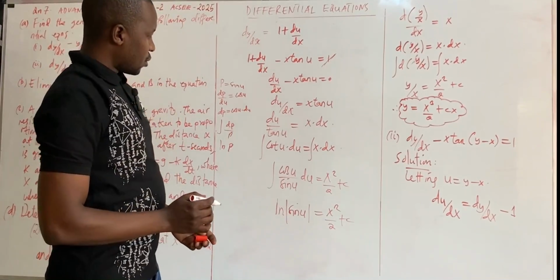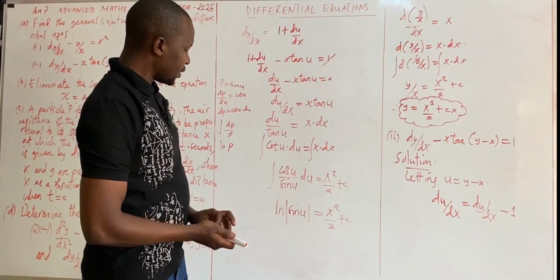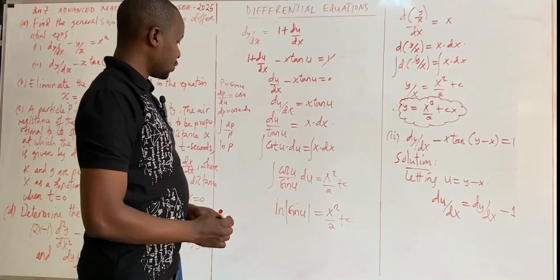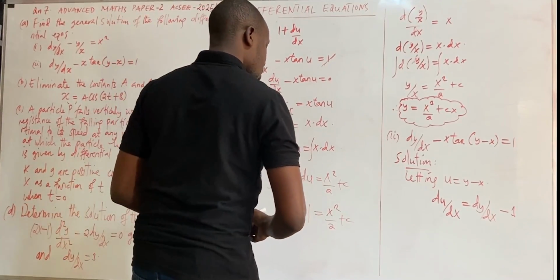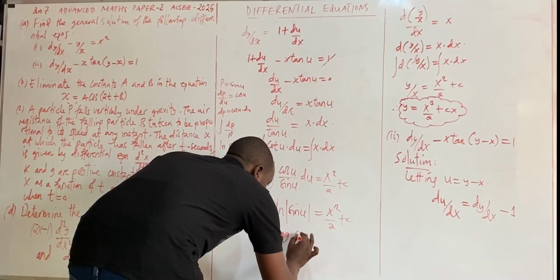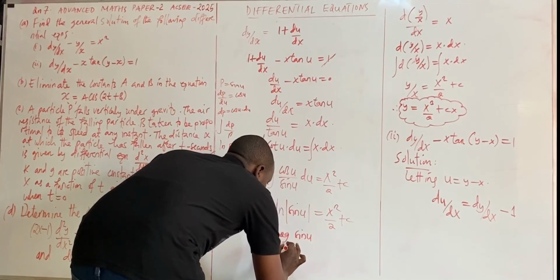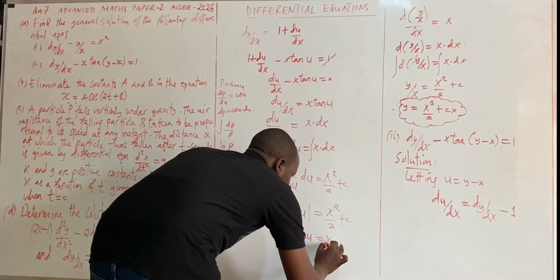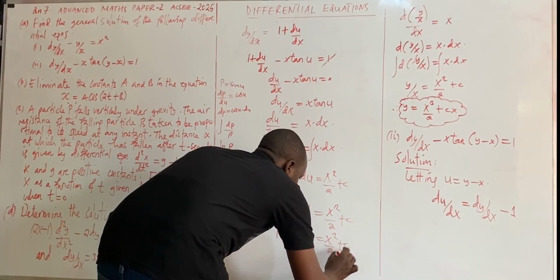From here, this can be expressed in exponential form or in logarithmic form, as log of the sin u to base e equals x squared over 2 plus c.